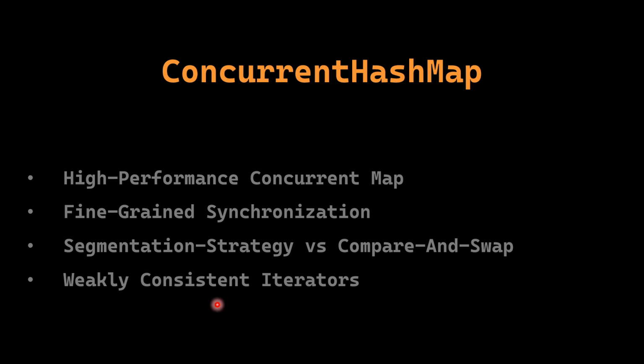Weakly consistent iterators reflect the state of the map at some point since the iterator's creation. They may or may not show updates made during iteration, but they will never throw ConcurrentModificationException. This allows safe iteration without synchronization.